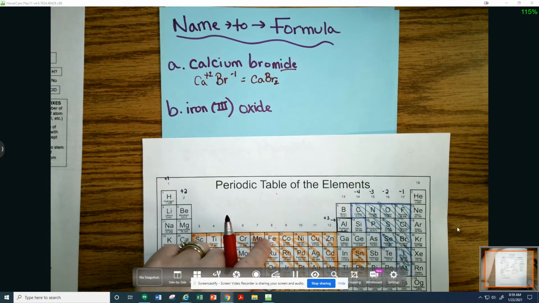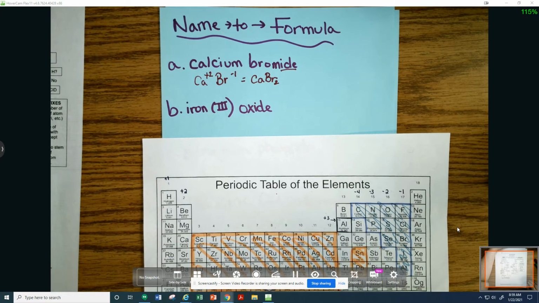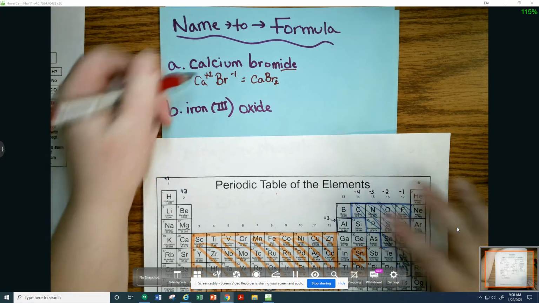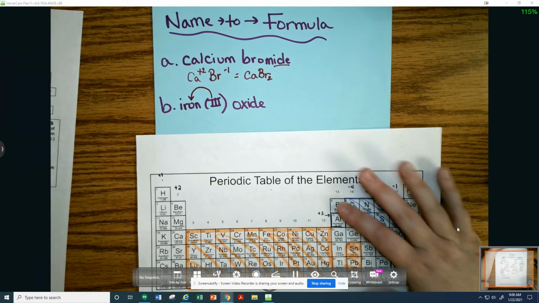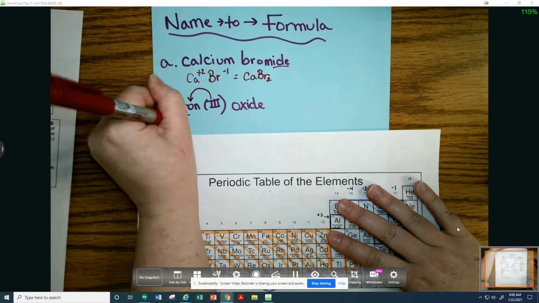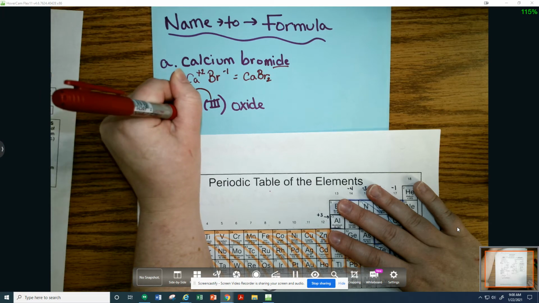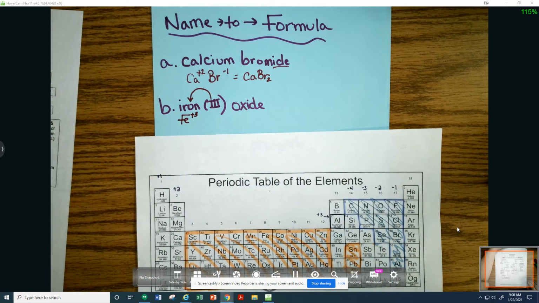So here we have iron(III) oxide. When I go to my periodic table, I see it's in the D block. That's where I don't have a certain charge because it's a transition metal. If you remember, the Roman numeral tells us the charge, so it does a lot of the work for us. I know my symbol is Fe plus 3. For the second half, the anion, I have to decide, is it monoatomic, meaning made out of one element like bromine in the example above, or is it a polyatomic?